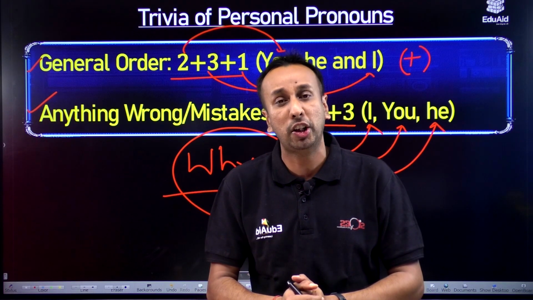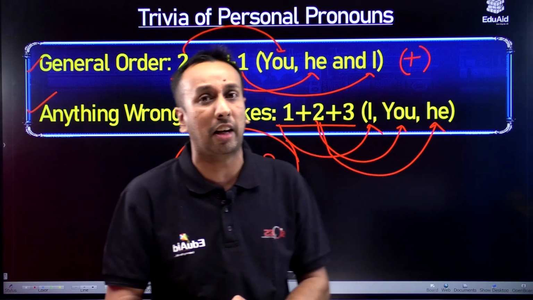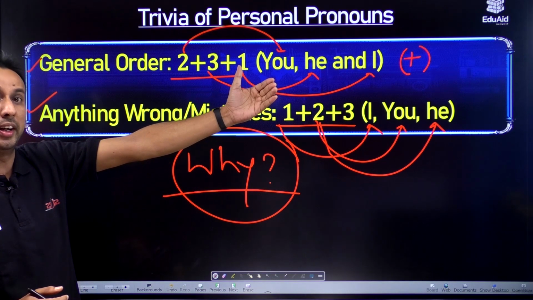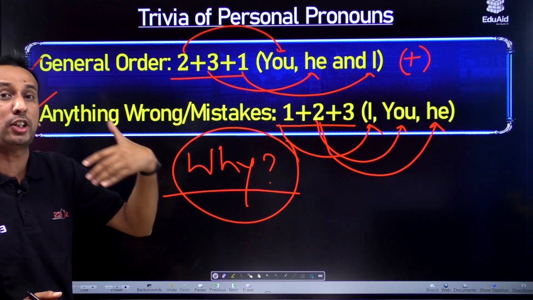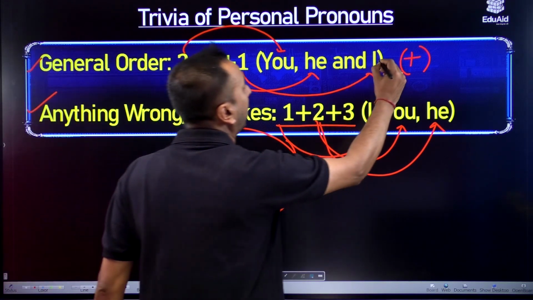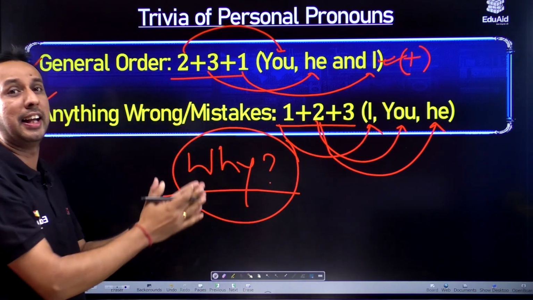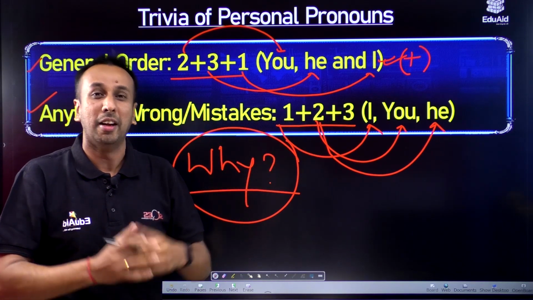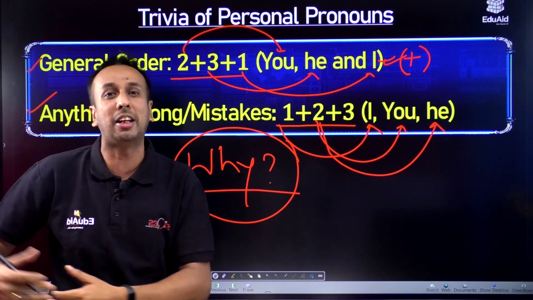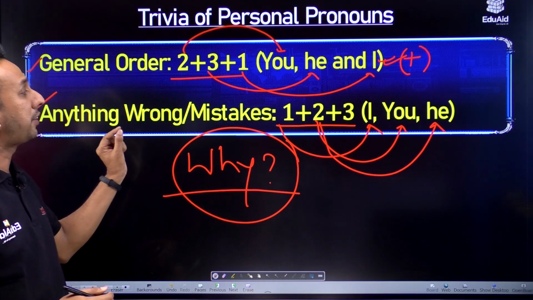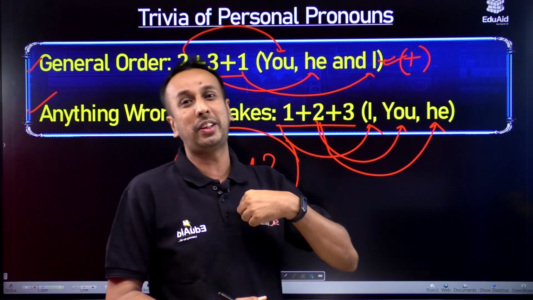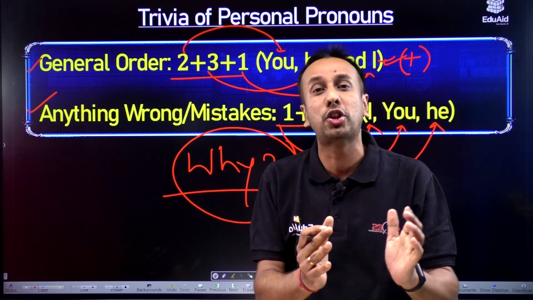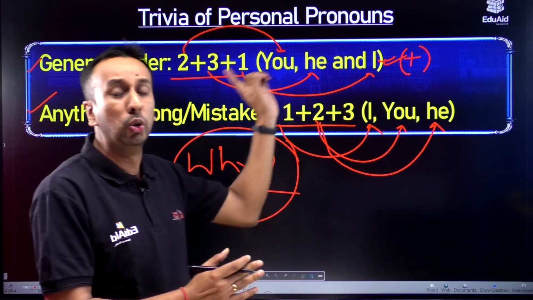So when you are giving credit, when you are praising somebody, talking about others, you put yourself at the end. Yes, you, he and I won the game; I am putting myself at the end. But when you are trying to take blame, if something went wrong because of me, you and him, we lost the game. So if you want to talk about something negative, remember 1, 2, 3. 2, 3, 1 for positive, 1, 2, 3 for negative.